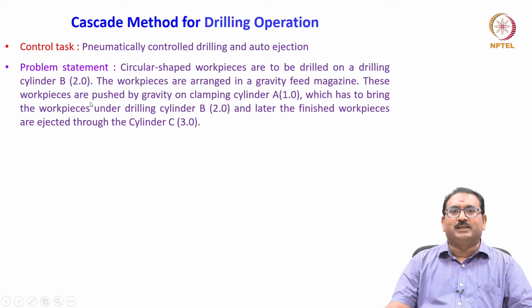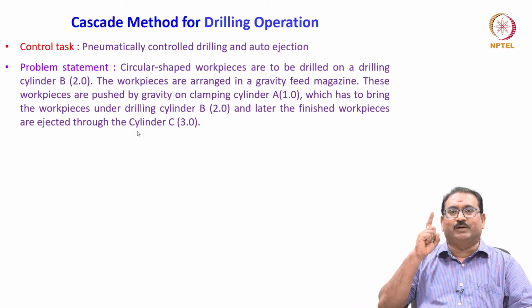These workpieces are pushed by gravity onto a clamping cylinder A 1.0, which has to bring the workpieces under the drilling cylinder B 2.0. And later, the finished workpieces are ejected through the cylinder C 3.0.